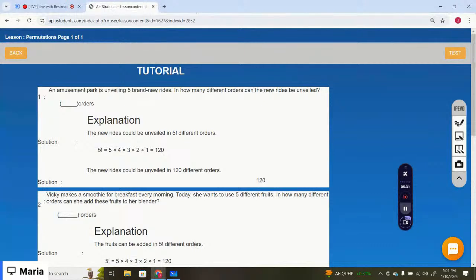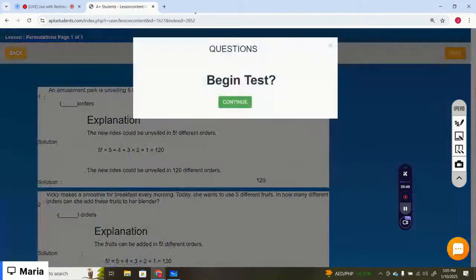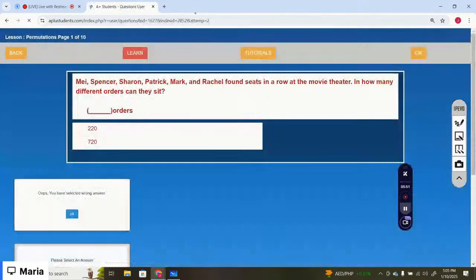So you have to do 5 factorial, that is 5 times 4 times 3 times 2 times 1. That is 120. Right, let's just start with the test questions.